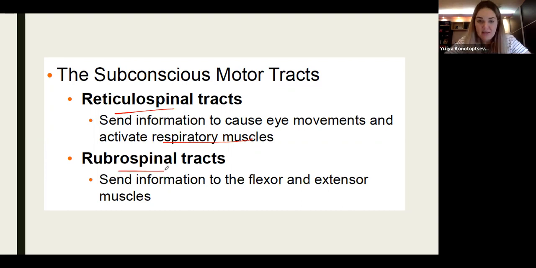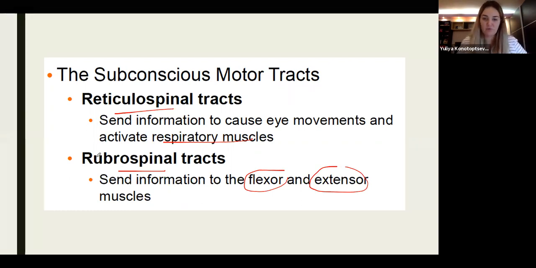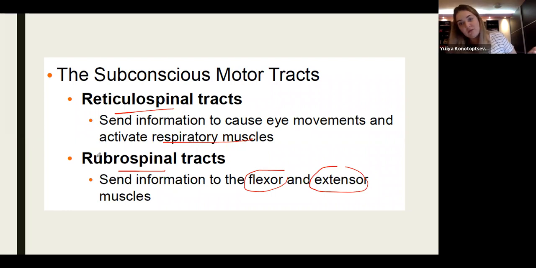The rubrospinal tract sends information to flexor and extensor muscles. This tract is also for crawling. You remember, rubrospinal is for crawling, but it's also in you particularly, because you're not a baby, any information to flexors or extensors. So you're falling and suddenly you need to make sure that you aren't falling.